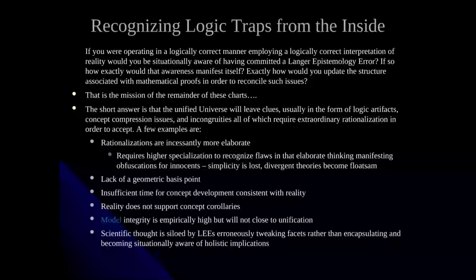So another example is insufficient time for a concept development consistent with reality. An example there is BX442. It's a grand design spiral galaxy. Those galaxies take about 11 billion years to form using gravity models that are pretty much accepted.